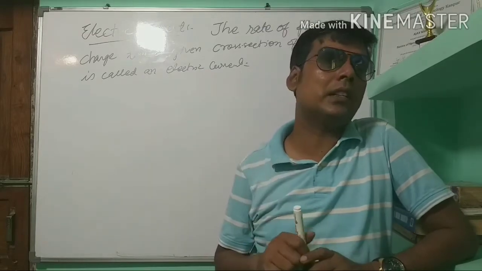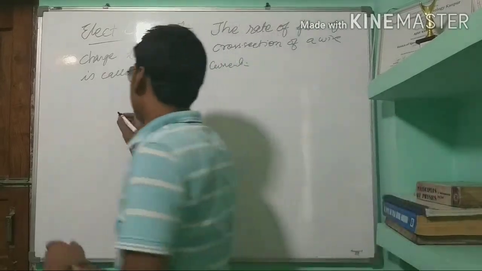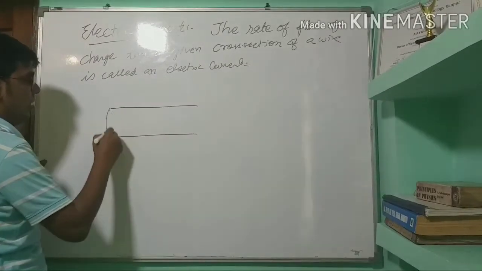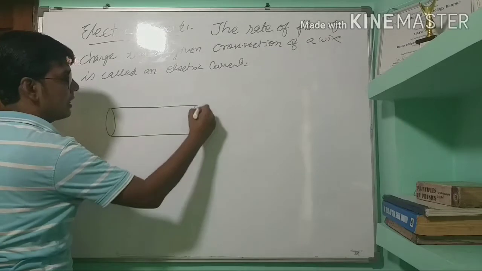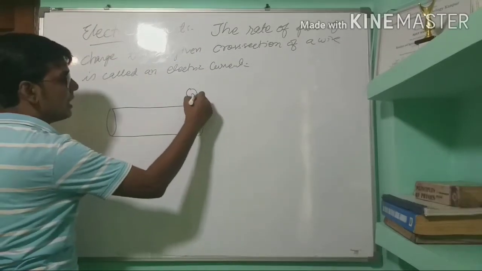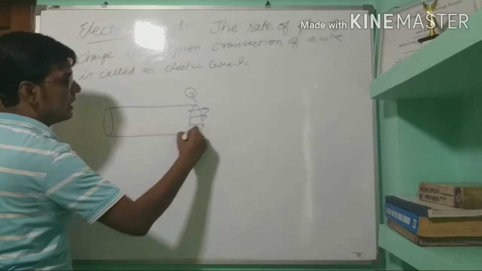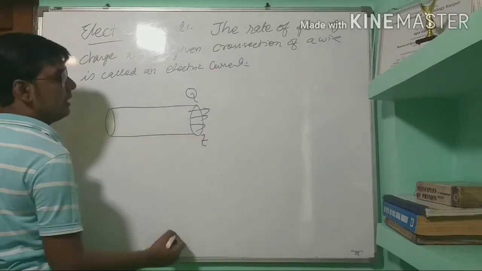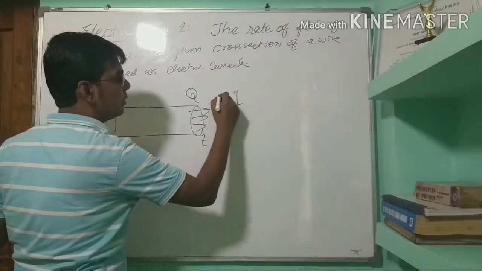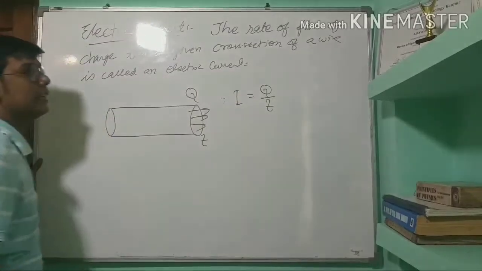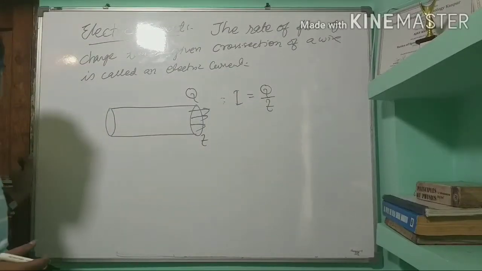Suppose a conductor, and this is a cross section. At any instant, the total amount of charge passing through this conductor is Q. So, at time t, current I will be equal to Q by t, that is, the rate of flow of charge.